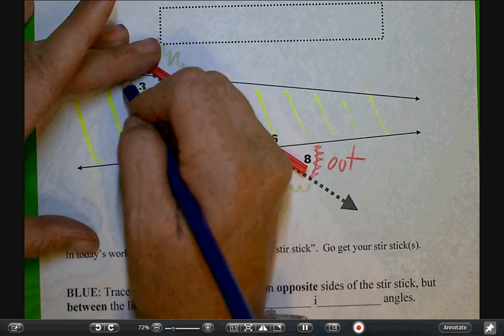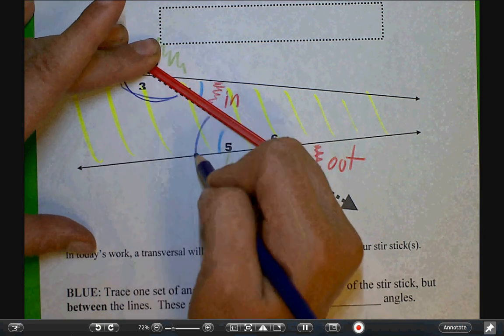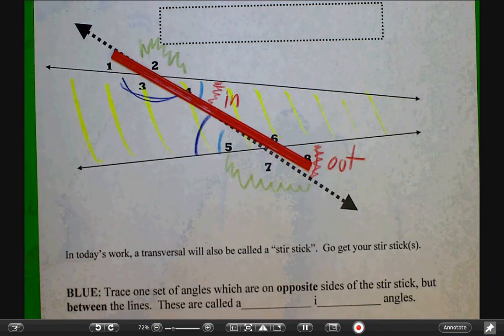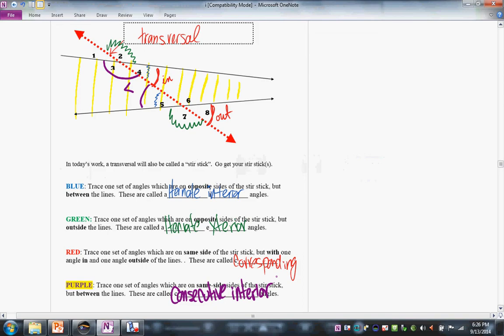So right here, that would be like example angle 3 and 5. Same side of the stir stick, but still between the lines. Alt in, Alt X, corresponding, consecutive interior.